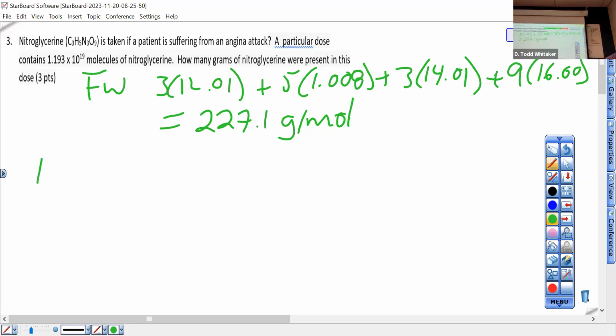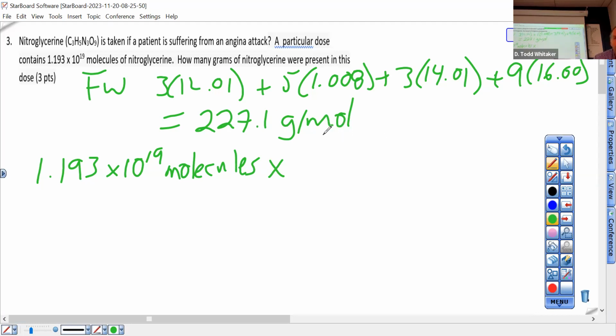Okay, so 1.193 times 10 to the 19 molecules times, I got to figure out how many moles of molecules I have so I can use this number, right? If I'm going to use this, I have to have grams or moles.